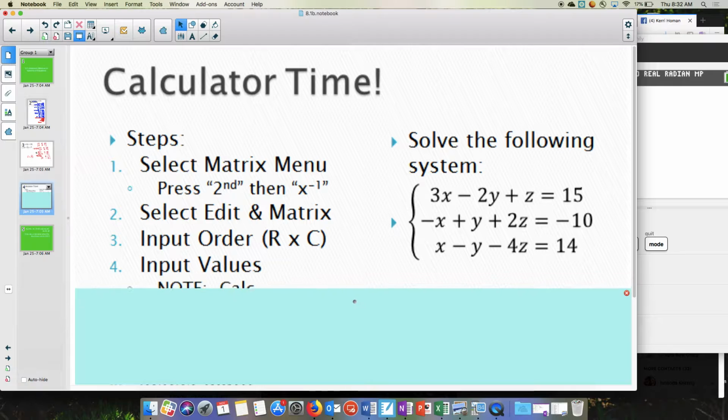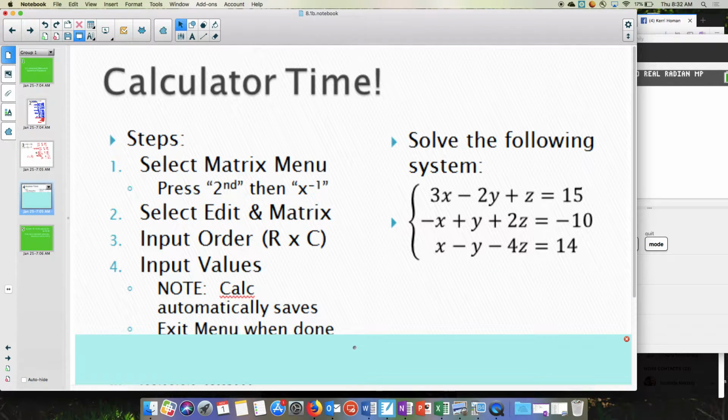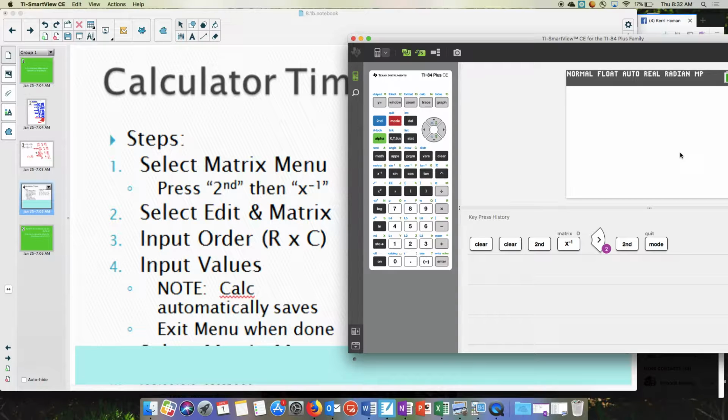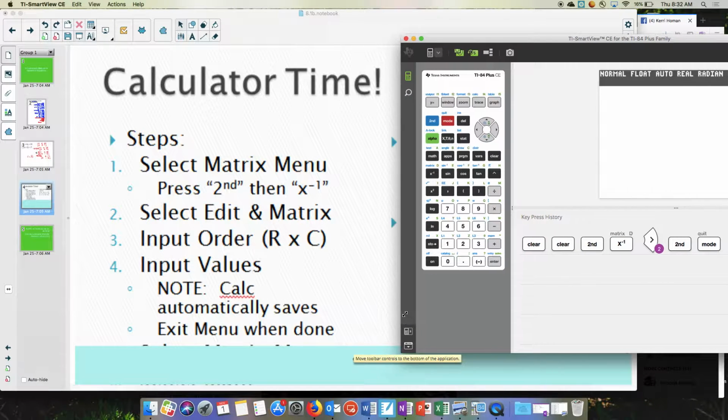So what we're going to do is we are going to input this system into our calculator. So let me show you where to go, and then I'll bring this back up. Okay?